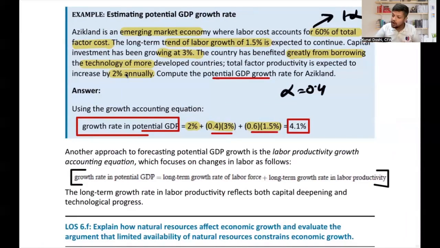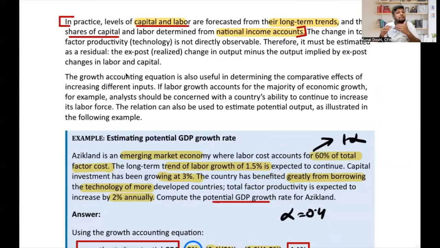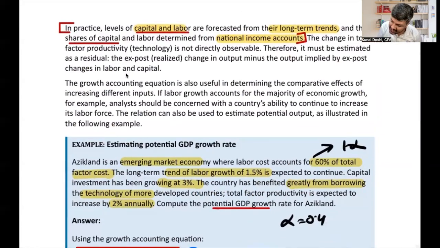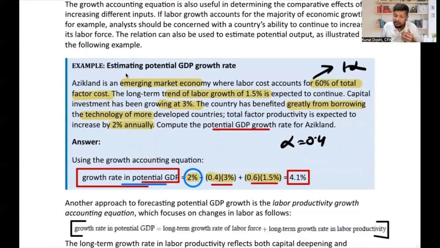What is practically not possible is to find the total factor productivity or the impact of technology on the GDP. So they are saying the change in total factor productivity is not directly observable. So even though for the calculation we are finding the growth in potential GDP, in real life we do the inverse.